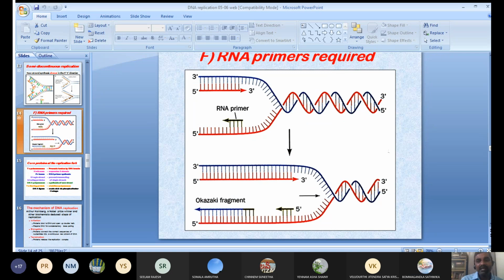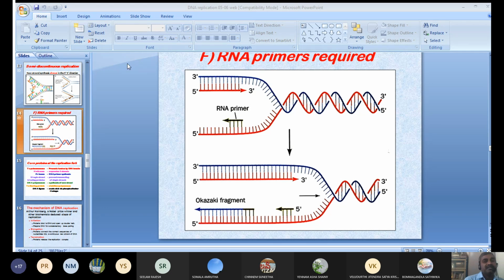Then how do RNA primers form? You see here, at the beginning of the DNA replication process, the RNA primer will join here, and it may be replaced later on.